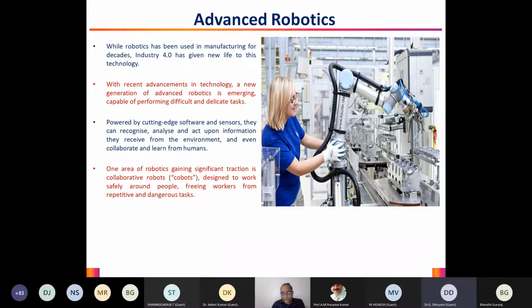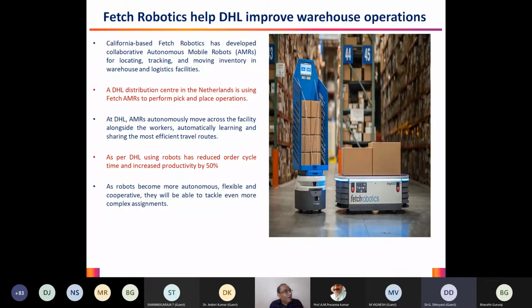To give you one real example of these cobots, there is a company called DHL. We all are aware of this particular company. It is basically a courier and logistics company, involved in the transport of a huge amount of courier. It is one of the internationally recognized companies that keeps moving goods from one country to another.